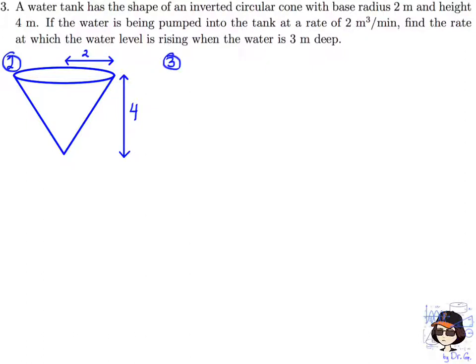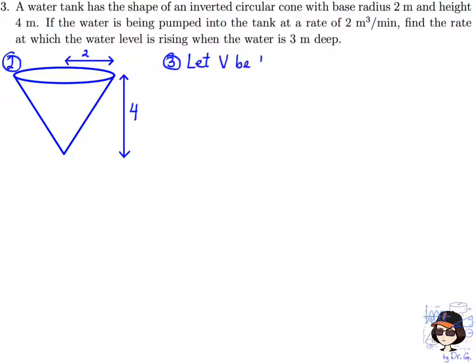Step 3, it says assign variables to quantities that are changing, and then label the drawing. So, as I said, the quantities that are changing are the volume of the water, the height or water level, and the radius of the surface of the water. So let's give those things variables.